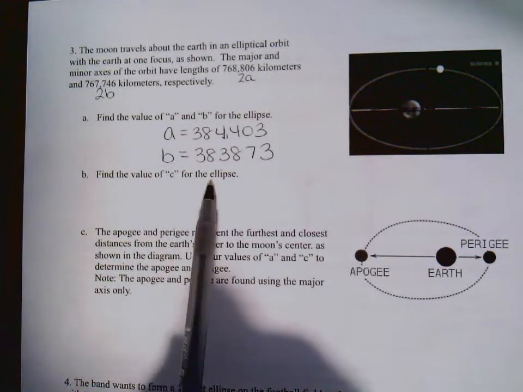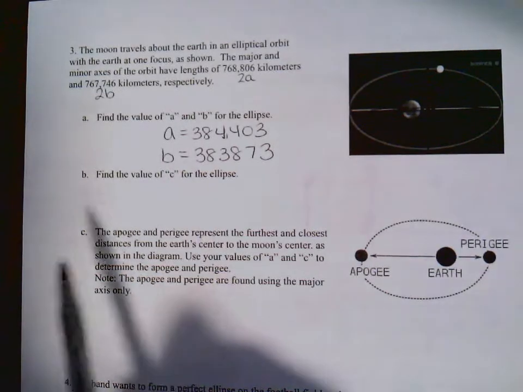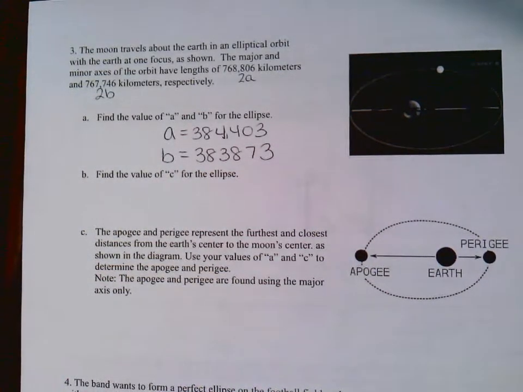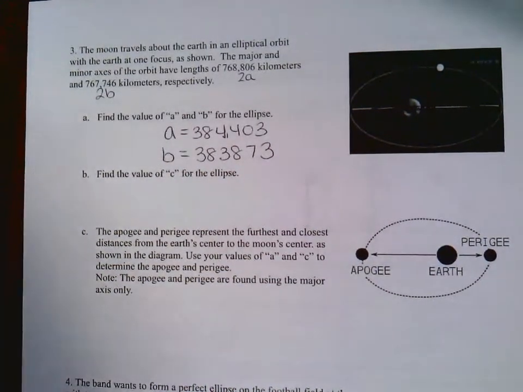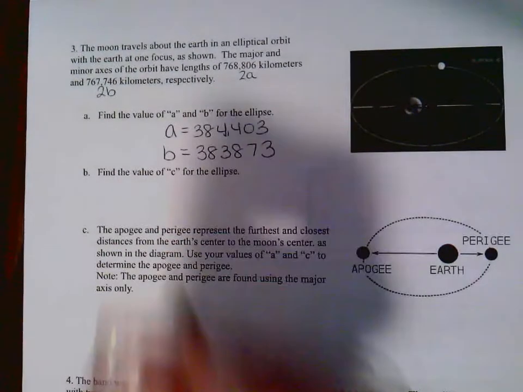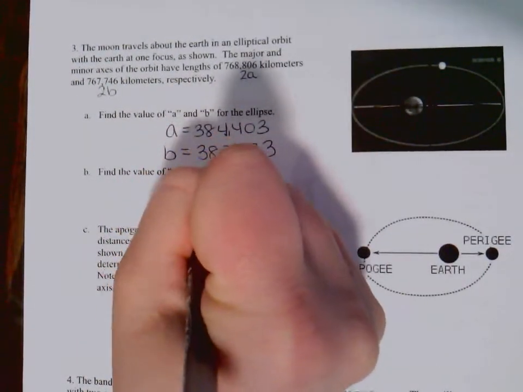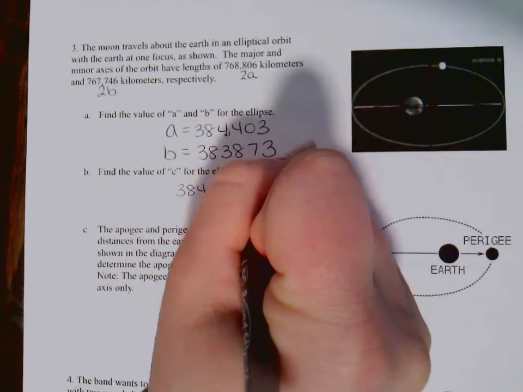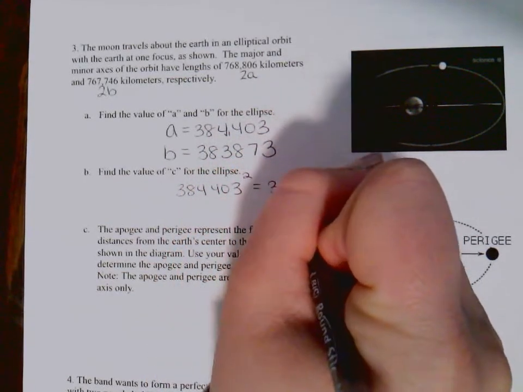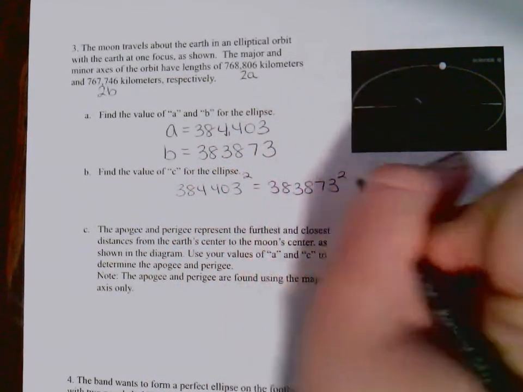Find the value of C. Pause the video, do the Pythagorean identity, and come back and show me what you got. And now I'm going to do the answer. 384,403 squared equals 383,873 squared plus C squared.